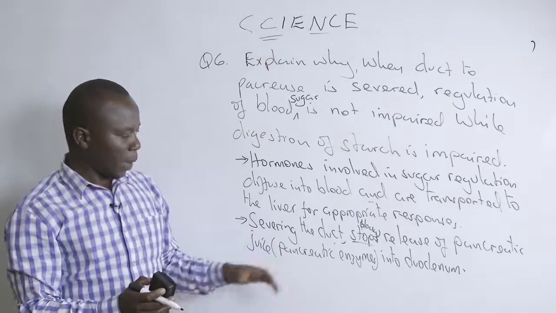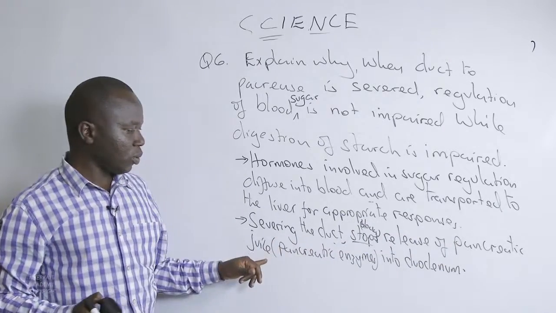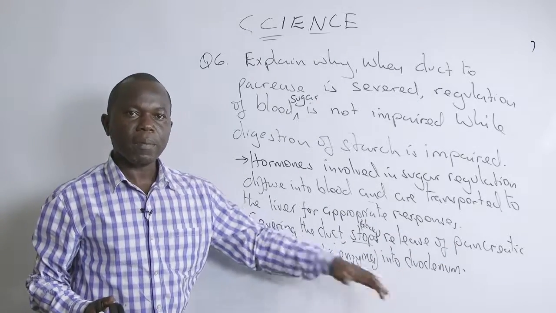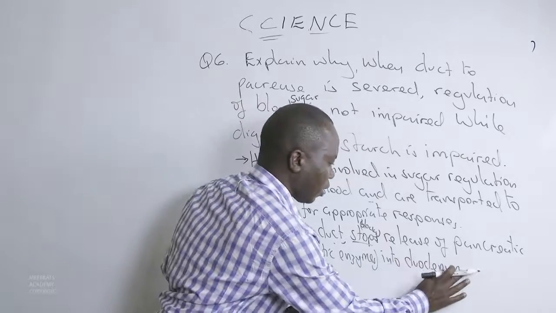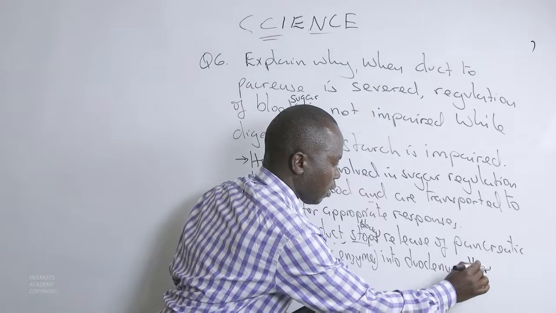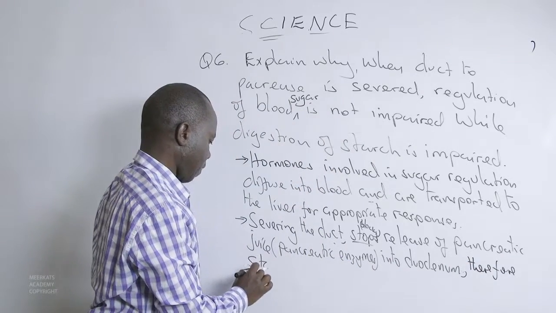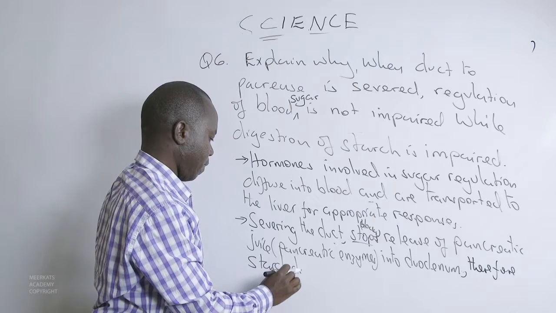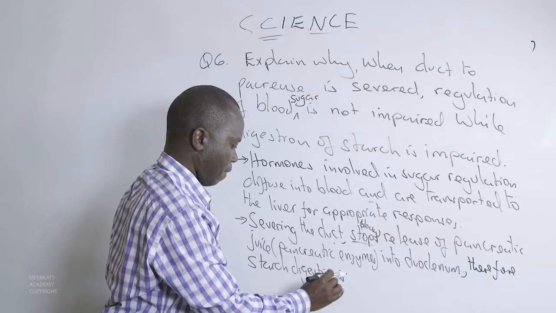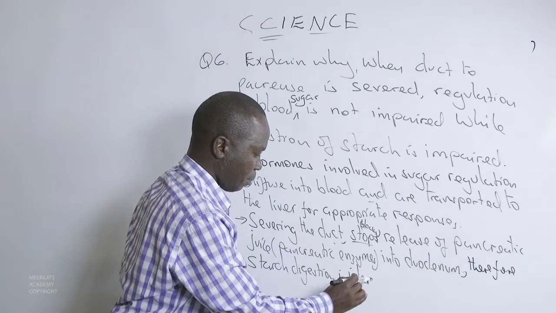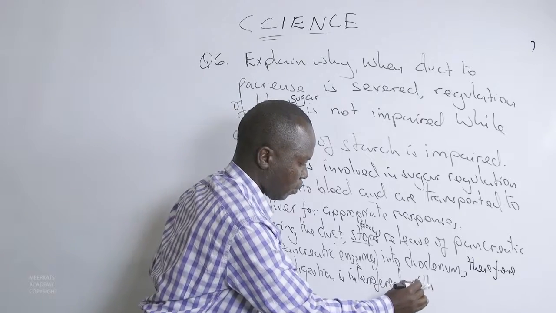So if this happens, severing of the duct blocks release of pancreatic juice into the duodenum, therefore starch digestion will be interfered with, or is impaired.